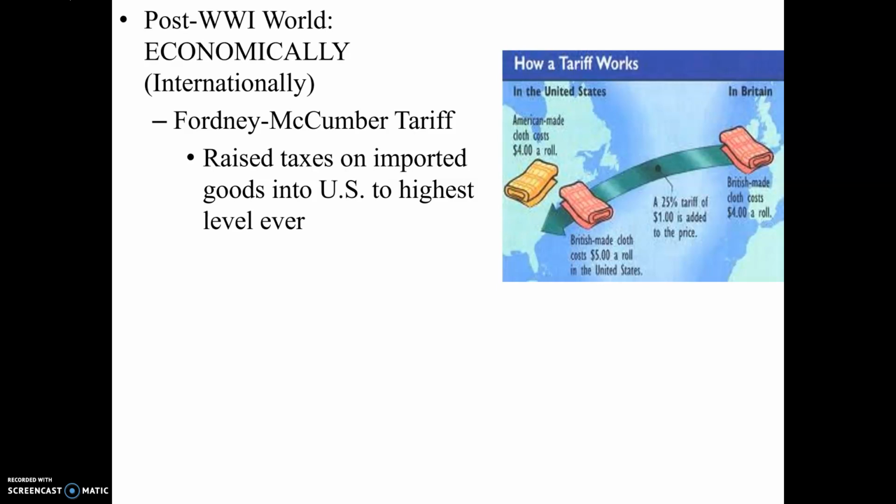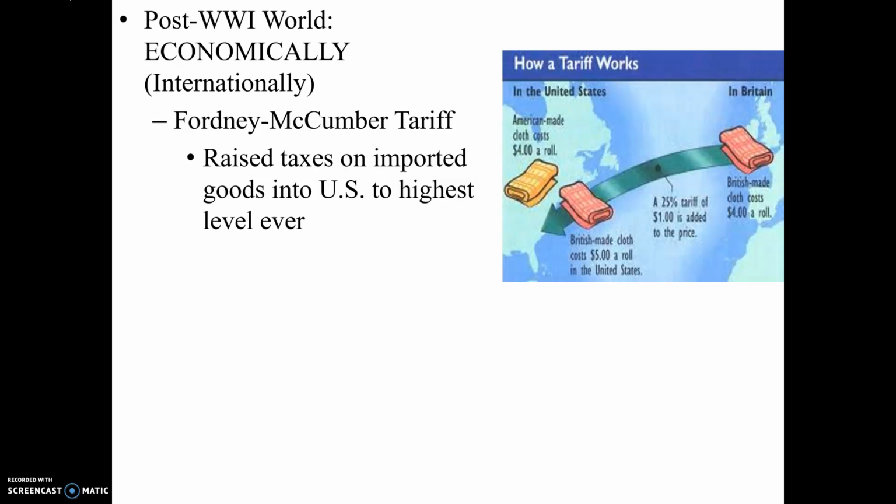I have this little icon for you here at the very top, and let me explain. You can see that the red textile, this British-made cloth, is going to be $4 a roll. Across the Atlantic, in the United States, the American cloth is $4 a roll. Now, as the Brits try to sell their goods in the United States, they've got to pay a 25% tariff.